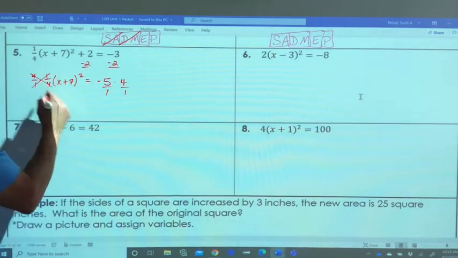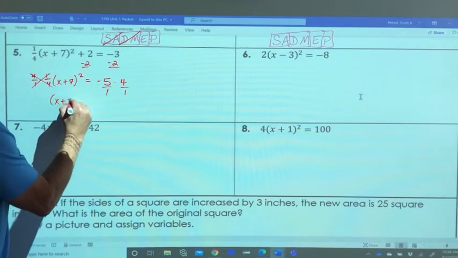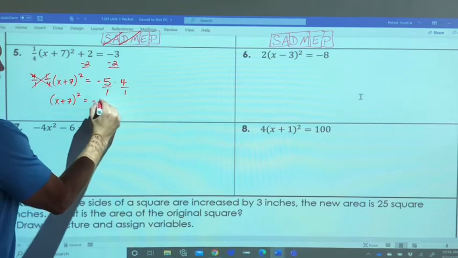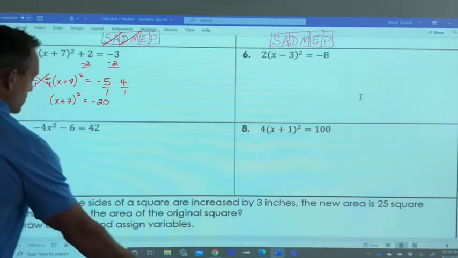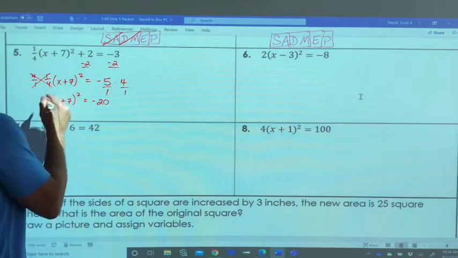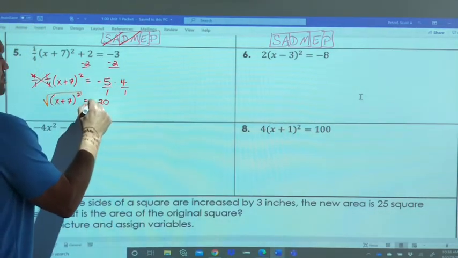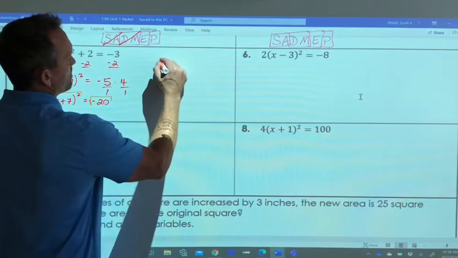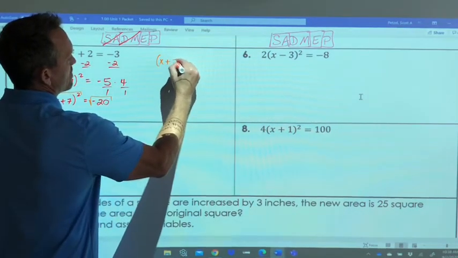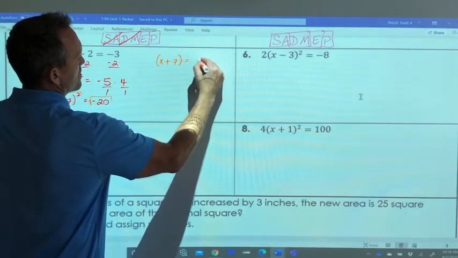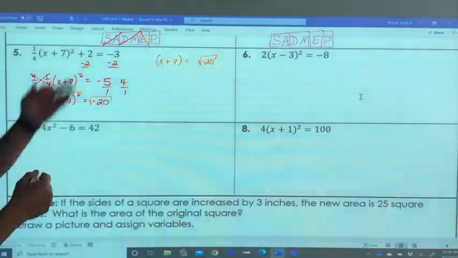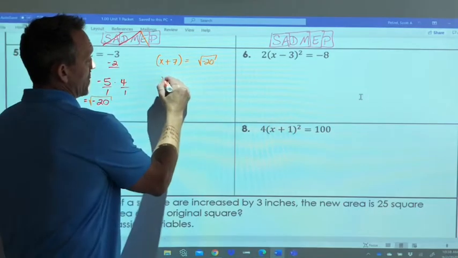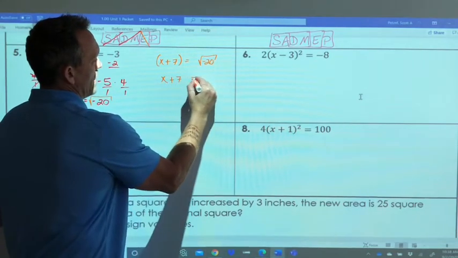These cancel, go bye-bye. Now we got to go through exponents. Well, get rid of my exponent. I take the square root. My parentheses basically tells me just to get rid of it. That's pretty much all that is.